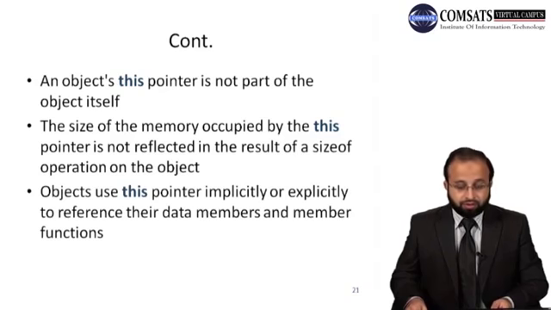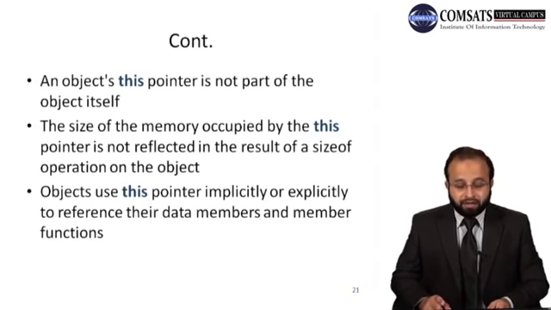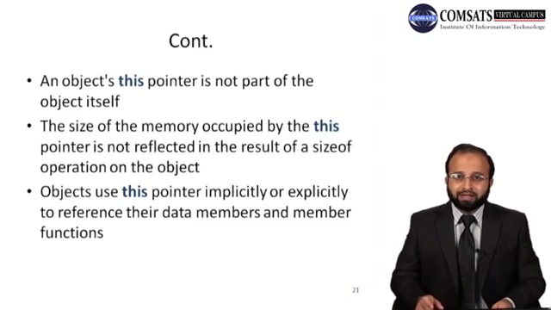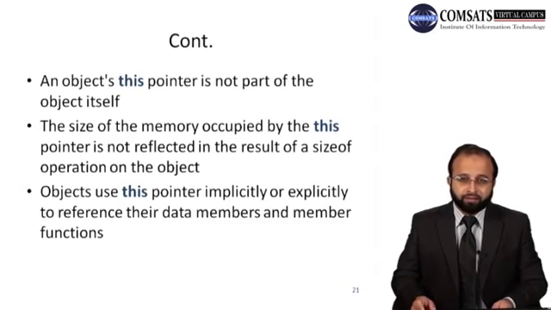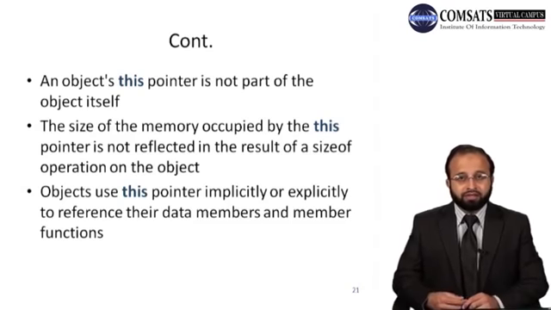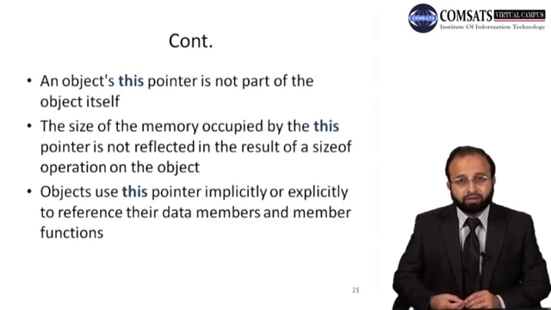So objects use this pointer implicitly or explicitly. We have seen its implicit usage. That means if we have a function like getHours that returns hours, that hours is the private data member of the object that called the getHours function. Now how does that function access hours of that object, or how does it know that this hours is the private data member of the object who called the function?